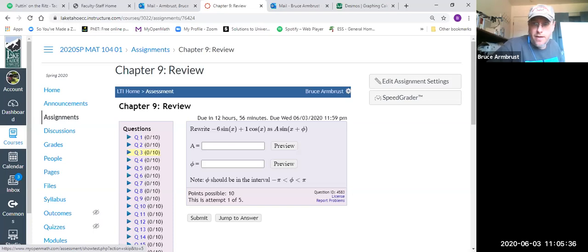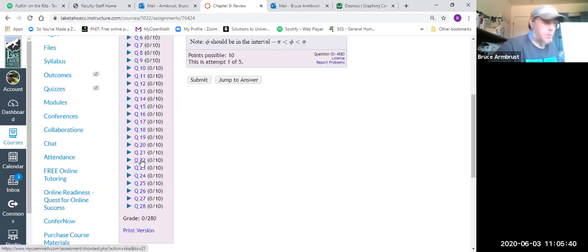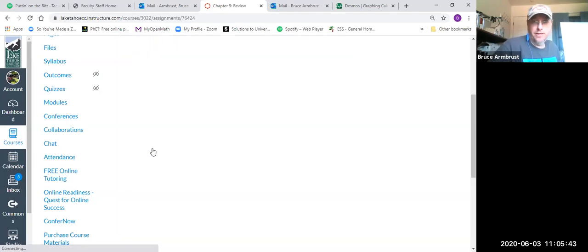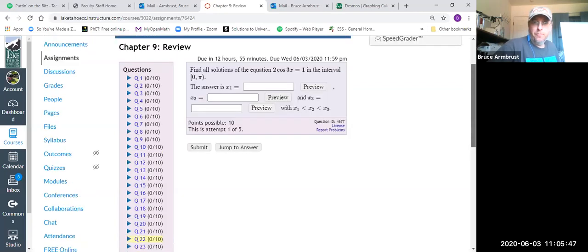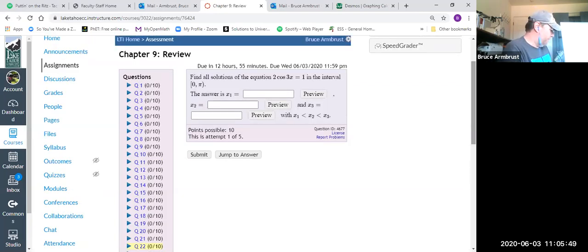Okay, so that's number 3. And then the other question that was asked for was 22. So let's take a look at this one, see what this is asking us to do. For this one, we're just trying to solve this equation. Let me go ahead and write it down here. It's 2 cosine of 3x is equal to 1.